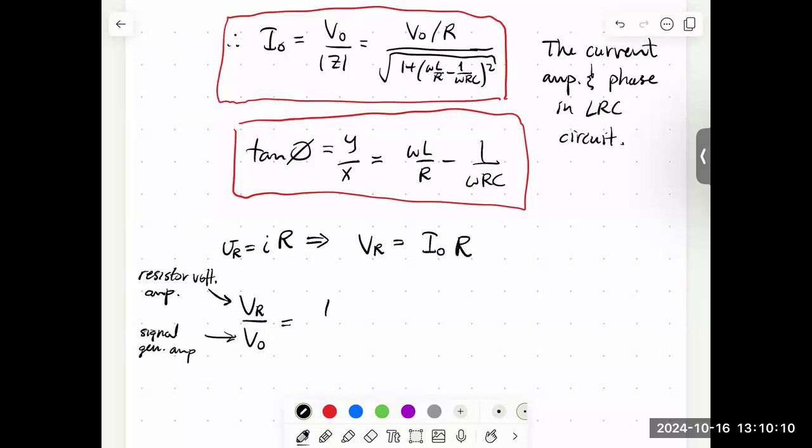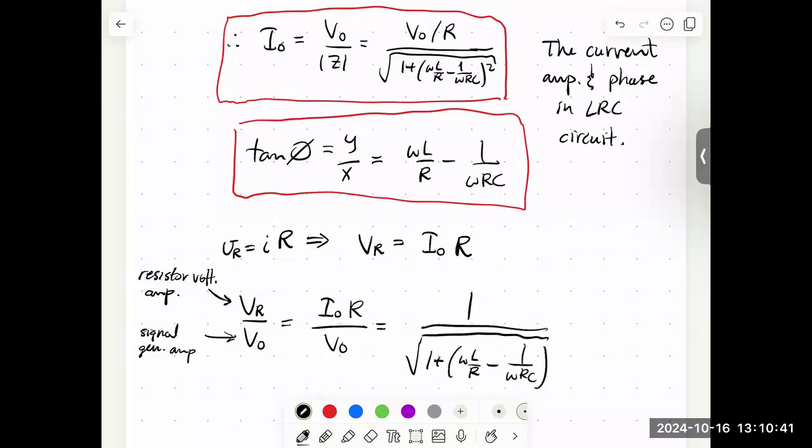Then we just want I naught times R divided by V naught. But we've already written I naught down here. If I divide by V naught, I cancel the V naught in the numerator. If I multiply by R, I cancel the 1 over R in the numerator. What we're left with is 1 over the square root of 1 plus omega L over R minus 1 over omega RC, squared.